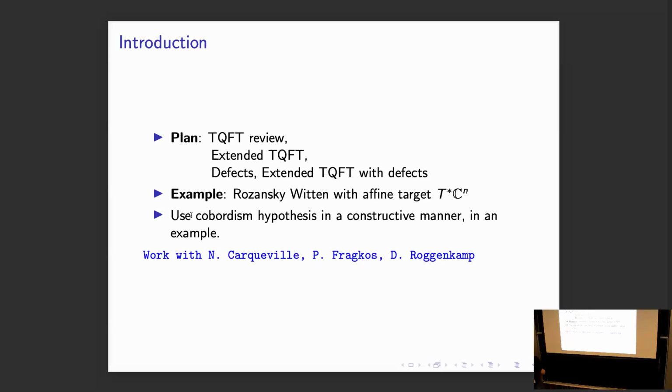The example that I want to discuss are Rozansky-Witten models, so twisted three-dimensional gauge theories, not gauge theories, sigma models, and in my case, the target is very simple, an affine target, T*C^n. We reduce the covariance hypothesis in a constructive manner in this example, so that means constructing everything that you want by giving the image.